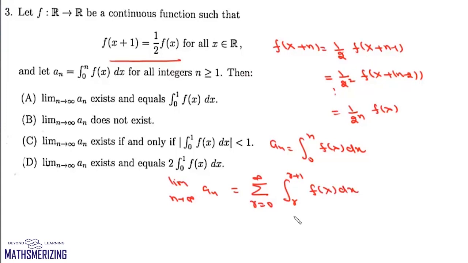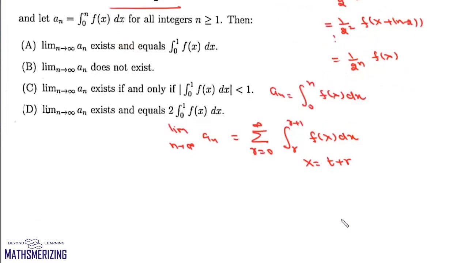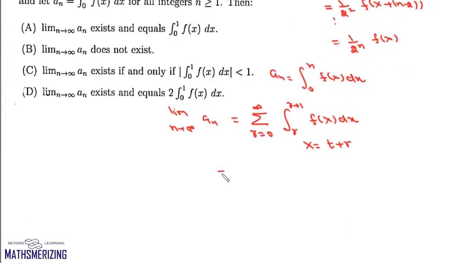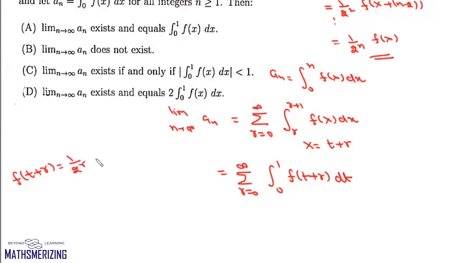Now what we'll do is, we'll replace x with t plus r, then we can write this as the summation r varies from 0 to infinity, here the limits will be from 0 to 1, f(t+r) dt. Now using this relation, we can write f(t+r) as 1/2 to the power r into f(t).